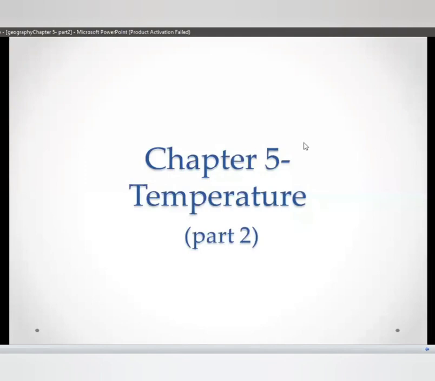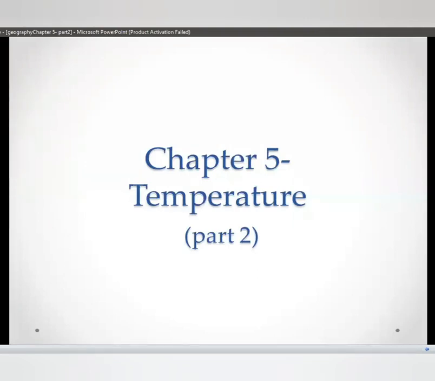Now, we have started our chapter 5, temperature, in our previous lecture. We also studied about the distribution of sunlight on the surface of the earth, and because of that, how and which zones are formed were also studied.